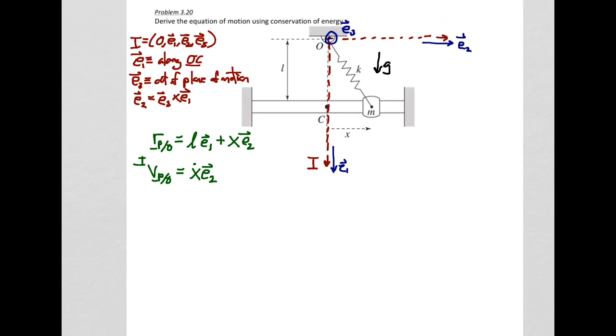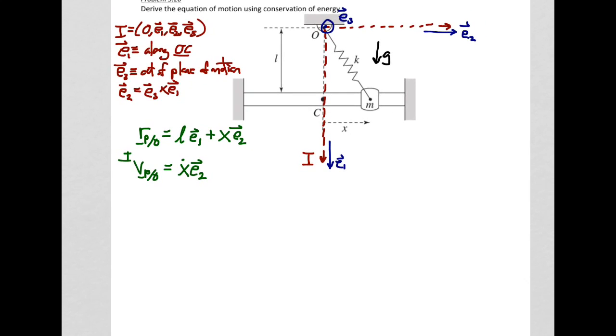First we need to establish that energy is conserved in the system. To do that, we need to find out what non-conservative forces are acting on the system. So let's draw a free body diagram. On this free body diagram, we have mg in the E1 direction, a normal force in the negative E1 direction, and a spring force.